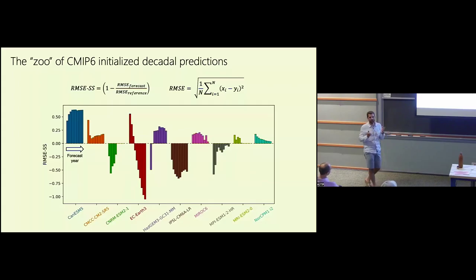And the bottom line of this analysis is that predicting fluctuations at the decadal time scale for sea ice is really not as obvious as doing it for temperature, for example, or ocean temperature, because we cannot just work with anomalies. The problem with sea ice is that we are constrained to live with absolute values, and that's why we also have to fix first our mean state biases. We cannot go around that.